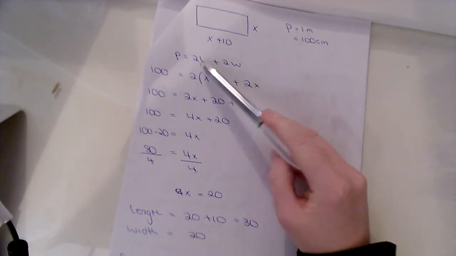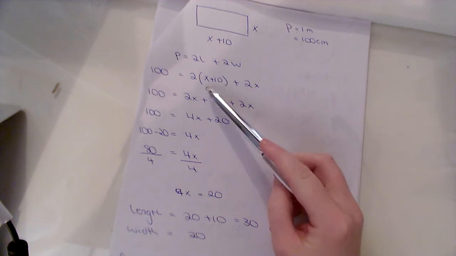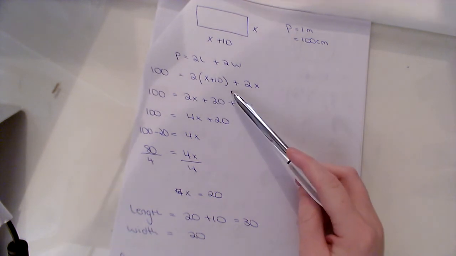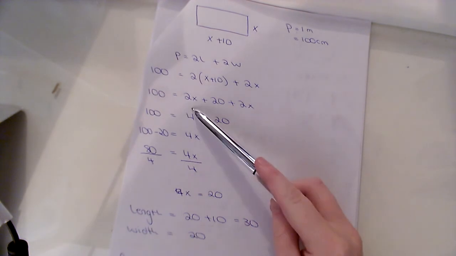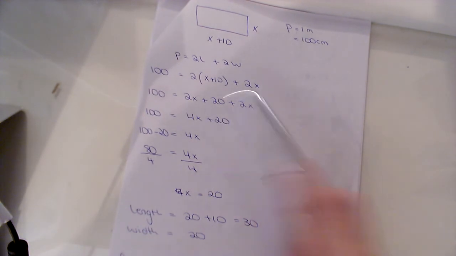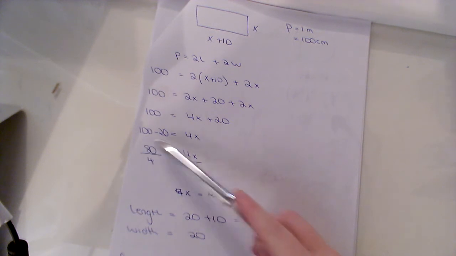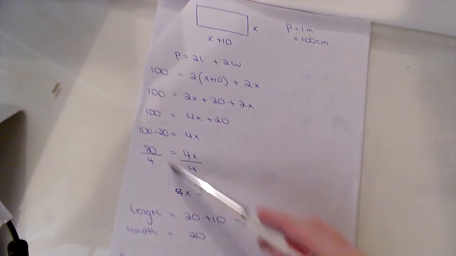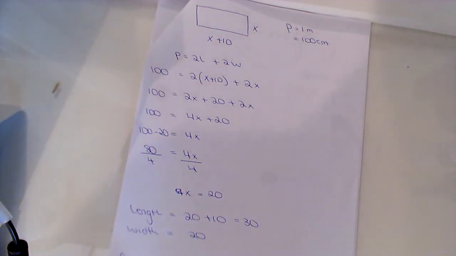So my perimeter is equal to 2L plus 2W, so I have 100 is equal to 2 times my length, which is x plus 10, plus my width, 2x, so I have 100 is equal to 2x plus 20 plus 2x, so I have 100 is equal to 4x plus 20, 100 minus 20 is equal to 4x, I have 80 divided by 4 because I want to get x on its own, so I get x is equal to 20.